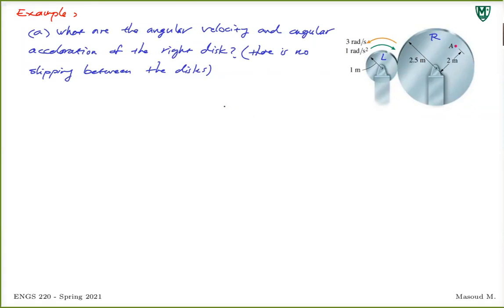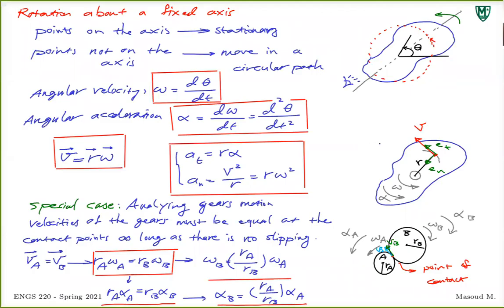So this is basically a direct implementation of the special case that we talked about, right? We said when we have two gears, in this case two discs, there is no slipping or no relative motion between these two discs, so we can easily use what we derived before. We said that at the point of contact, velocities are equal.